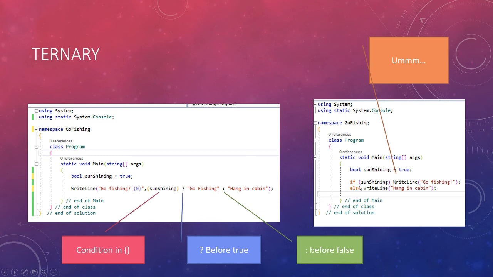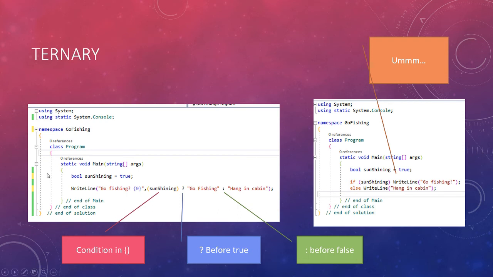We might actually be able to see what's happening there easier than with the ternary operator. But the ternary operator compresses everything down into one line. Now in my ternary operator, I should not have this go fishing string here because I want the output to be the same. But let's just say that we're going to have the go fishing question mark, and then after that we're going to follow it with our message.